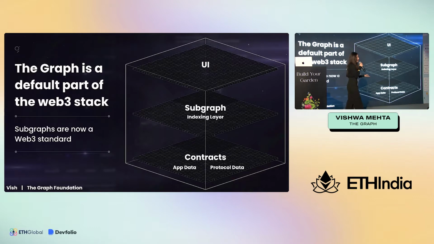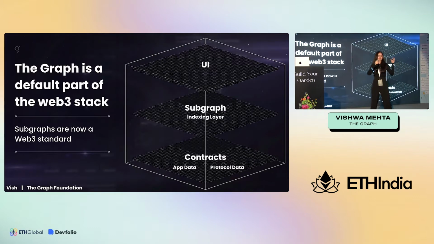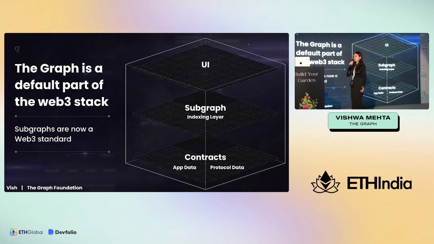You folks are here at a hackathon, right? So you will be building projects, you will be building dApps. So let's picturize where the graph sits in your dApp stack, your web development stack. I really love this diagram because it shows the UI layer, the subgraph indexing layer, and the contracts, which is your data layer.